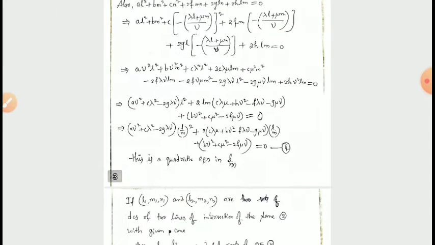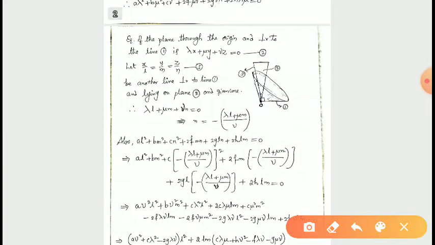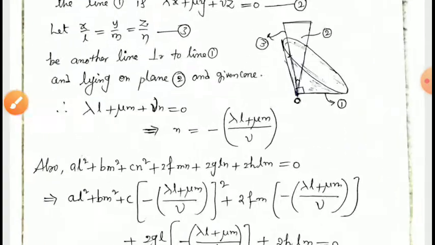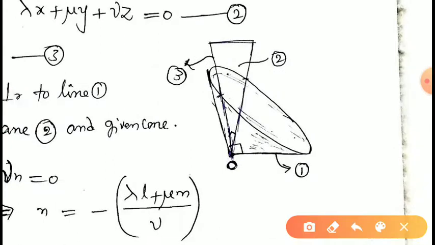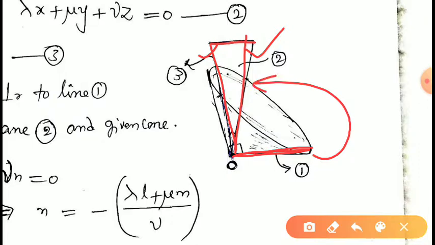Suppose that, see this diagram, this line and this line satisfy the same condition: these two lines are perpendicular to line 1 because they are lying on the plane which is perpendicular to this line, and hence we can easily see that these two lines are perpendicular to line 1, and also these two lines are lying on the plane, and also lying on the cone.